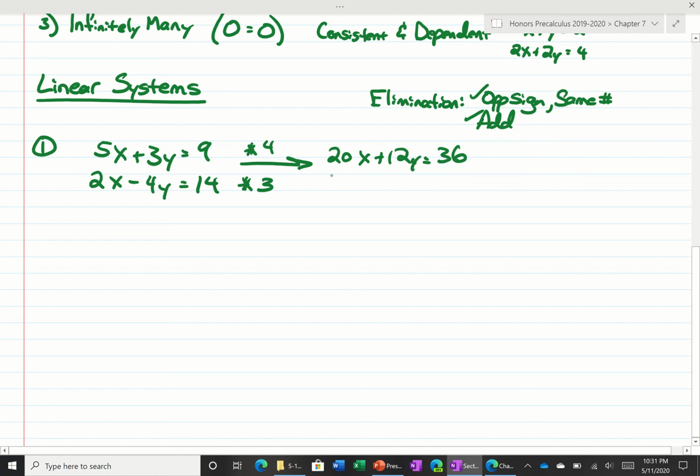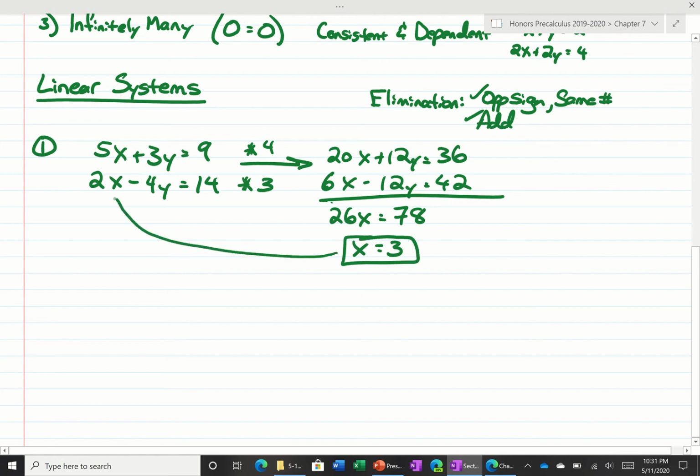On the bottom, we'd get 6x minus 12y is equal to, well, 2 times 14 is 28. 28 plus another 14 would be 42. If we add them together, we get 26x is equal to 78. And in this case, x would be 3.